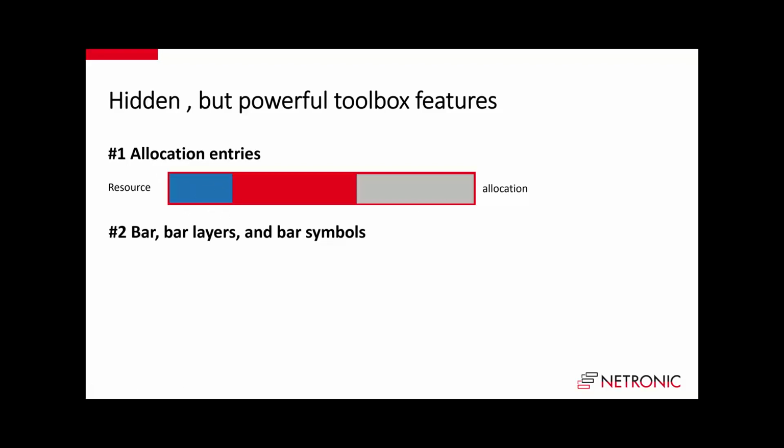Then we saw different types of bars, like the Dynaway bars, they were high with a lot of text. The PrintViz bars were small with less text, and then there were different types of colors. They had the allocation entry, but bars can also have layers and bars can also have symbols. So what you could do is something like this.